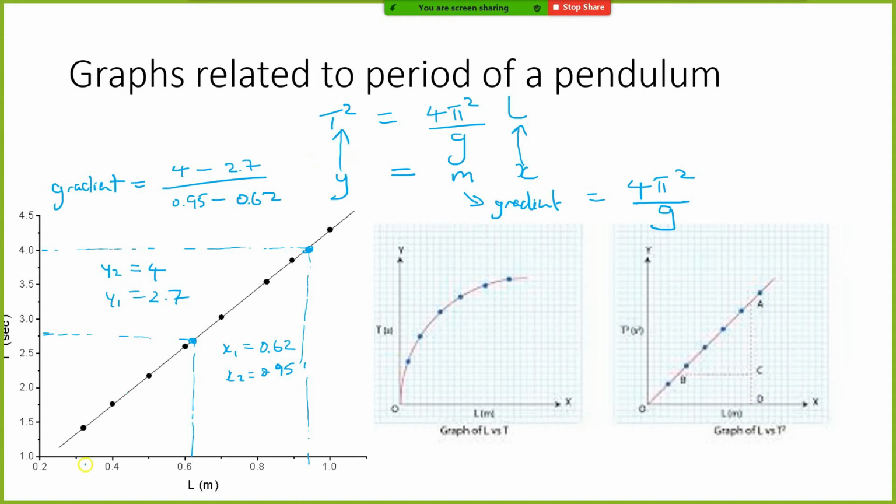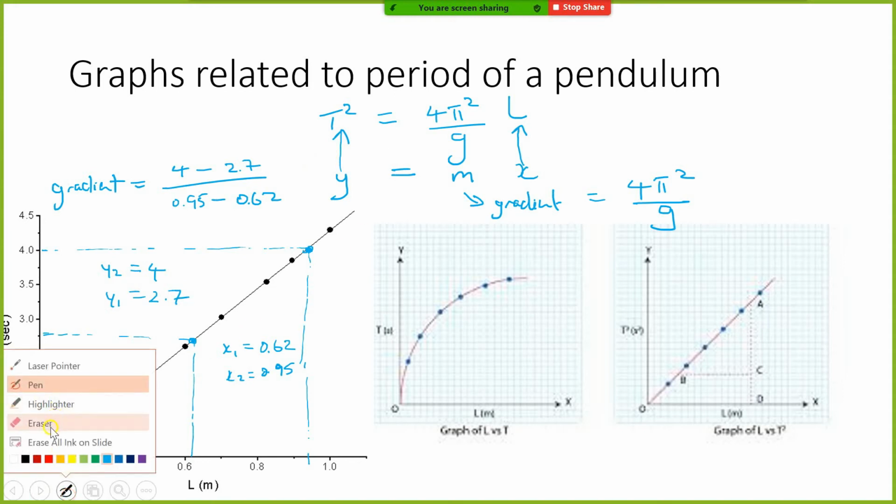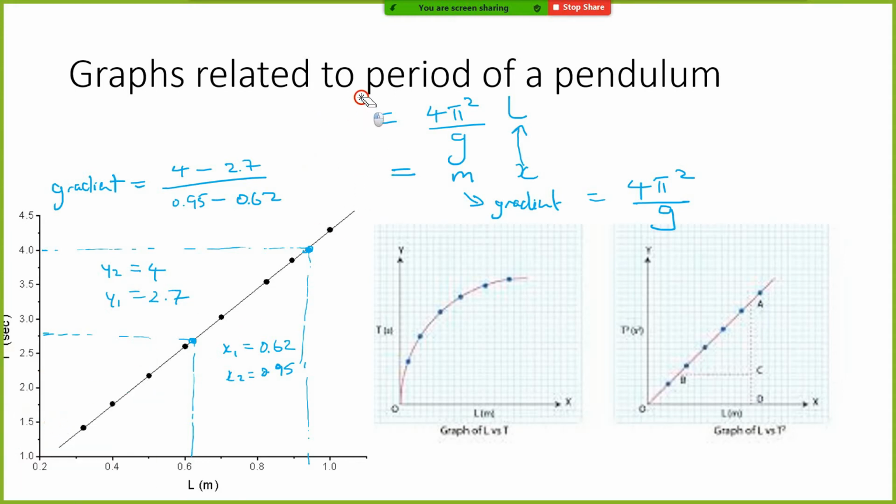When I work out the denominator part, it's saying 0.33.